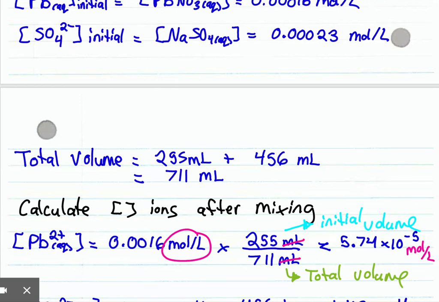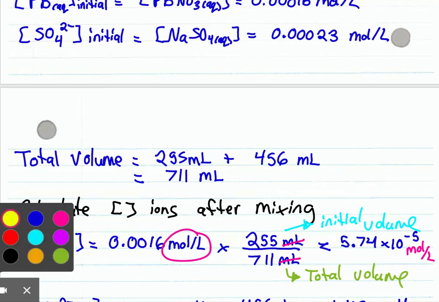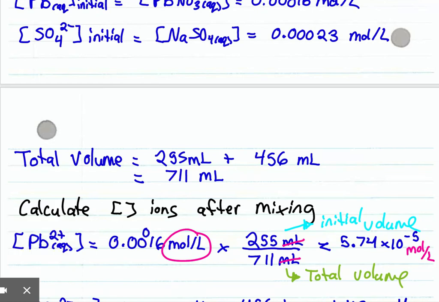You're going to go 0.00016 mole per liter. And then you can multiply it by its initial volume, so how much you started with, divided by the total volume.